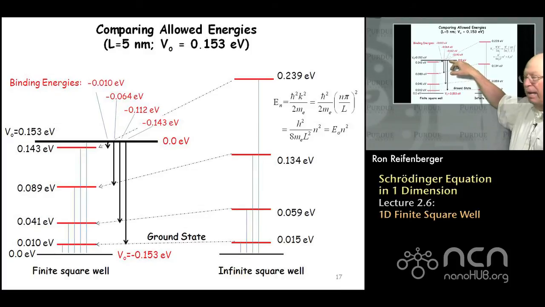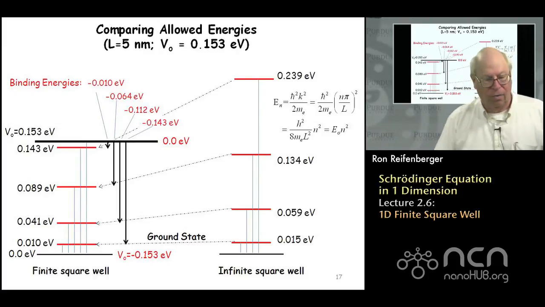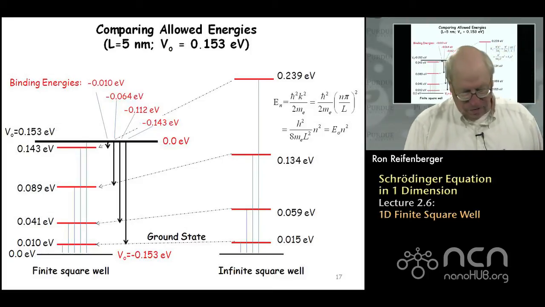If you talk about binding energies, then you define the top of the well as equal to 0. That means that the bottom of the well would be minus 0.153 eV deep, right? And then these energy levels would all be negative, because they would then be designated as bound states in this potential well. You will see both types of notation used, and it's important for you to understand what those different notations are all about.